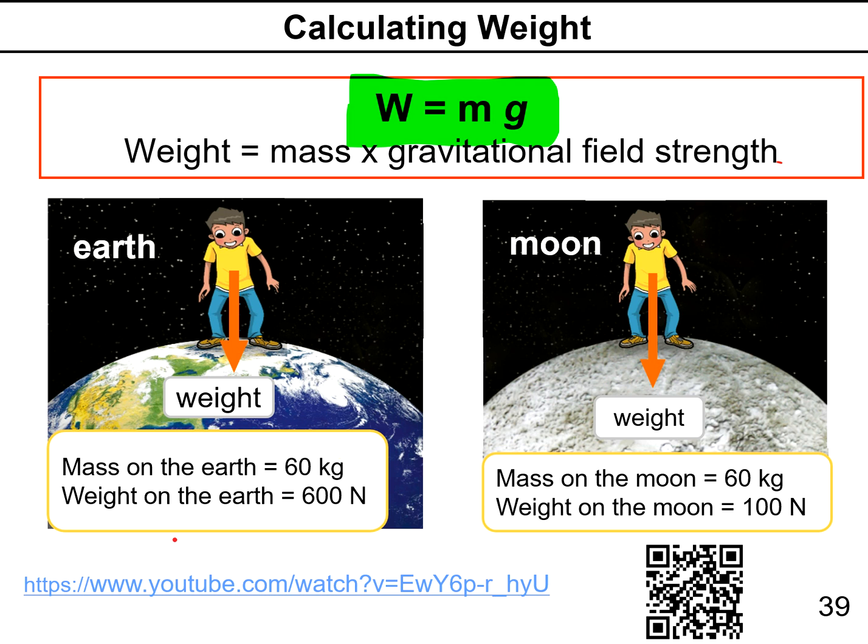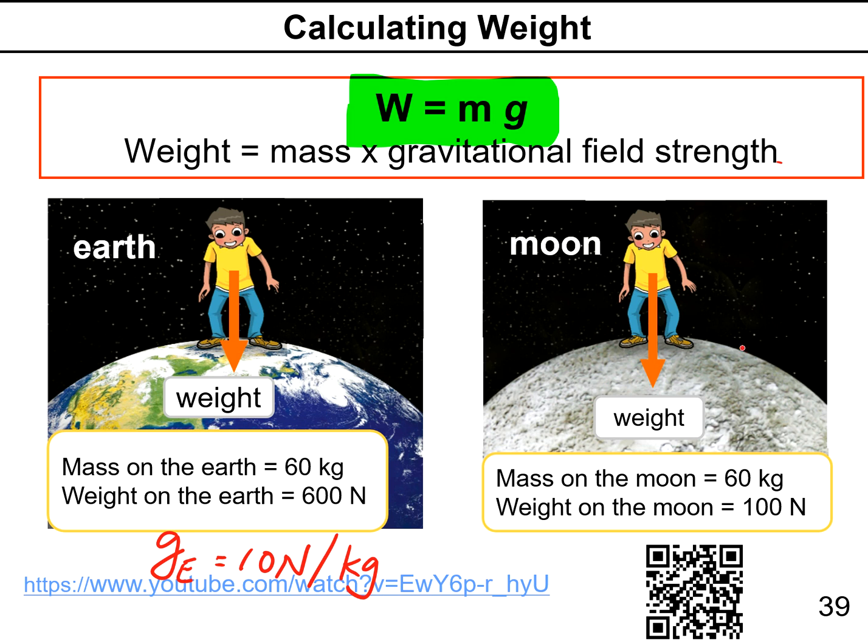Remember we said the gravitational field strength on Earth is 10 newtons per kilogram. Which means every 1 kilogram, the Earth will pull it down with 10 newtons of force. So if this boy is 60 kilograms, the Earth is going to pull him down with a force of 60 times 10, so that's 600.